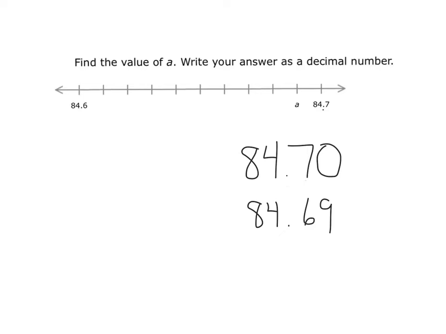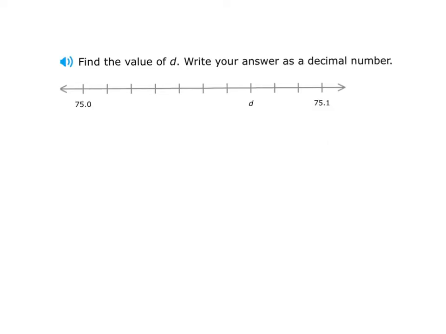So if I take 1 away from 84.70, it becomes 84.69. Sometimes it's easier to write it with this hundredths place value as 0 to help you understand that 84.69 comes right before 84.7.